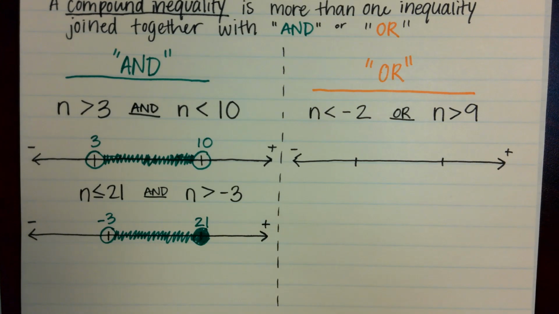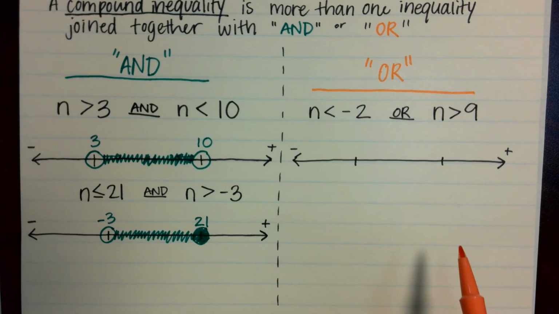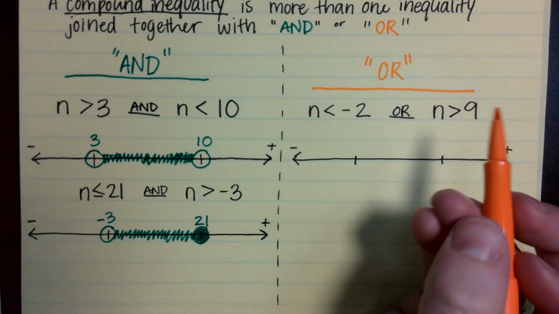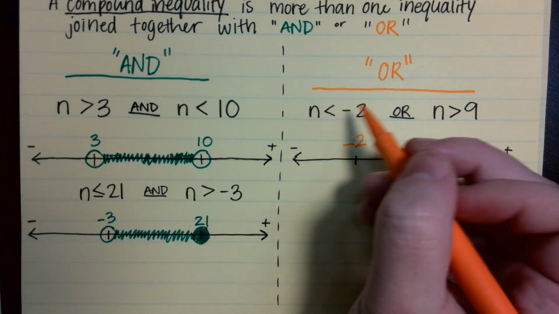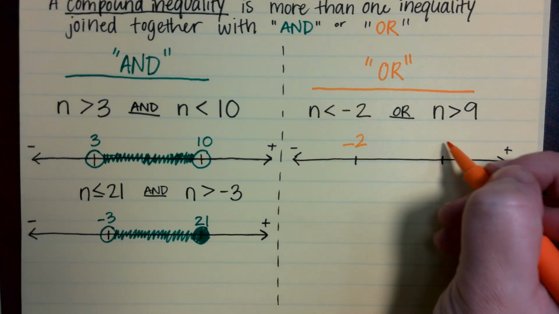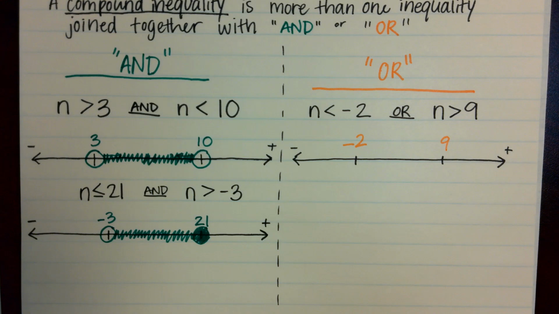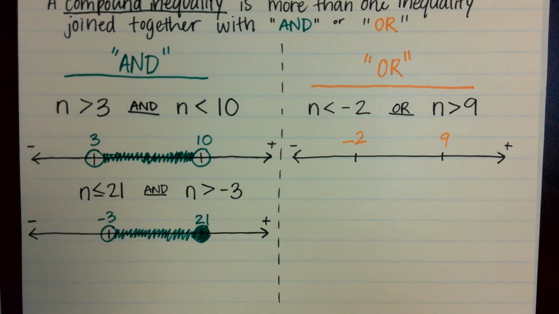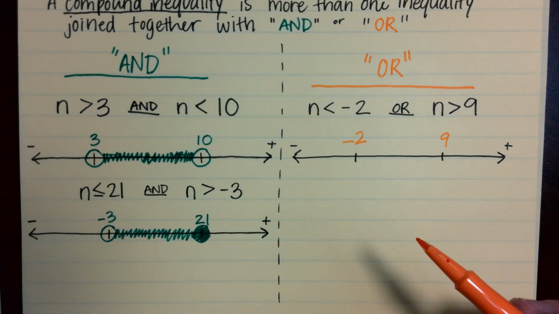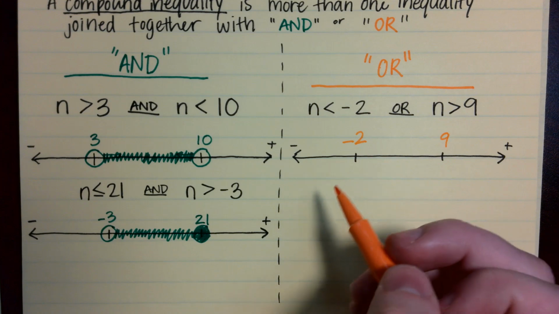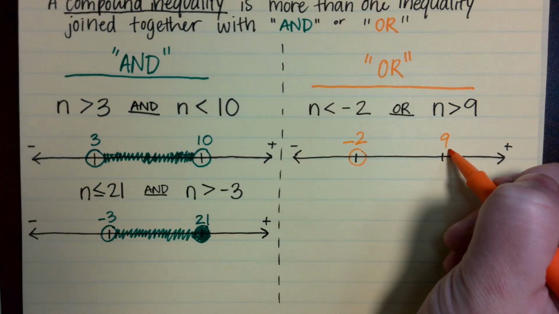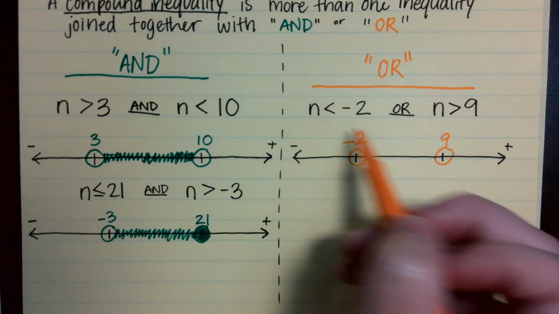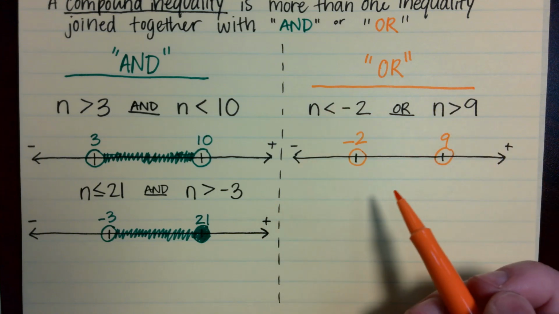And which number is going to go where? -2 goes first. Yes, -2 comes first because it's smaller, and then 9 must go second. That's all we got left. All right, now what? Good. Open circles for both. They're just less than and greater than. There's no equal to in there.